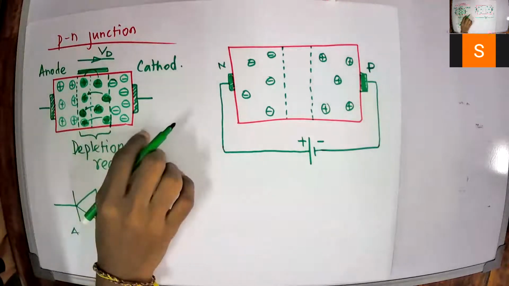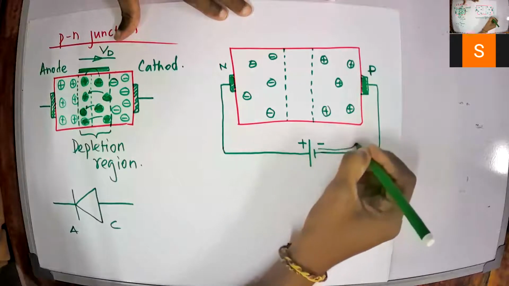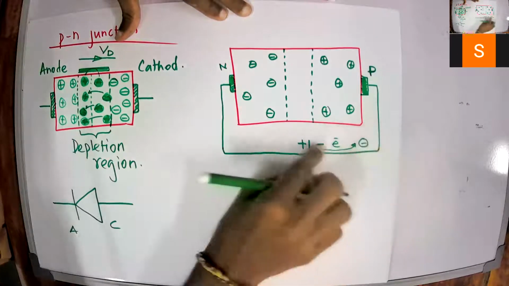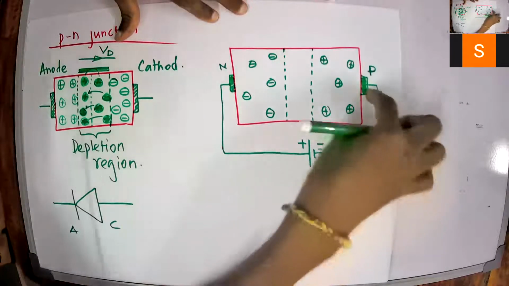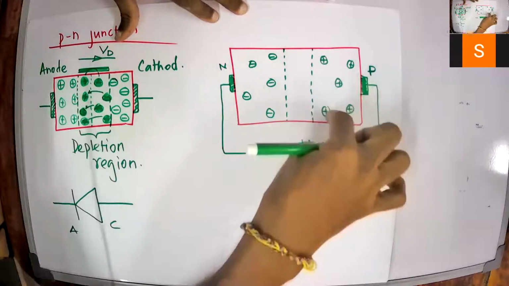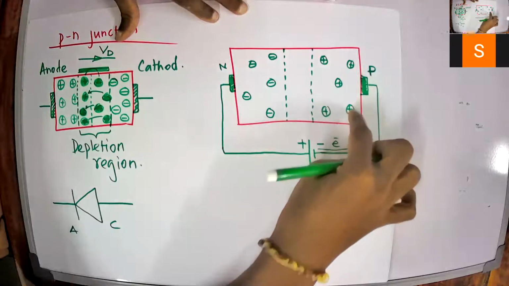So what will happen? The electrons will be injected from here, minus charges will be injected from here. Those injected electrons will be recombining with these holes. Am I right?